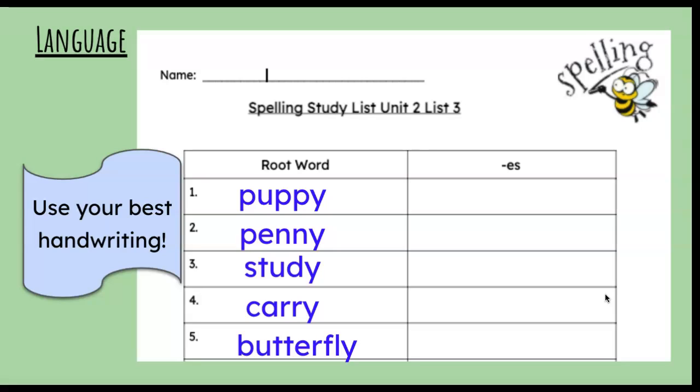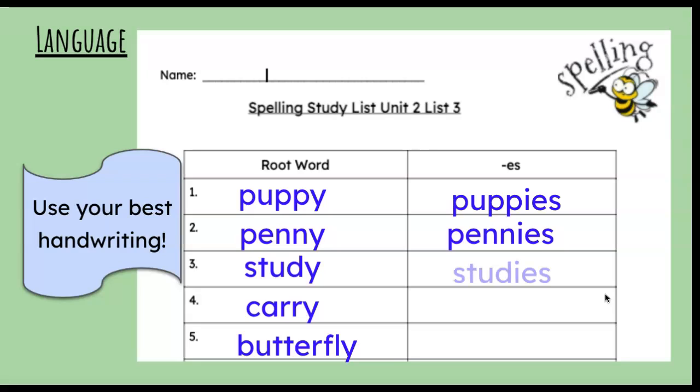So let's go ahead and add the suffix ES to our root words. Puppy, we change the Y to an I and add our ES, becomes puppies, more than one puppy. Penny becomes pennies.